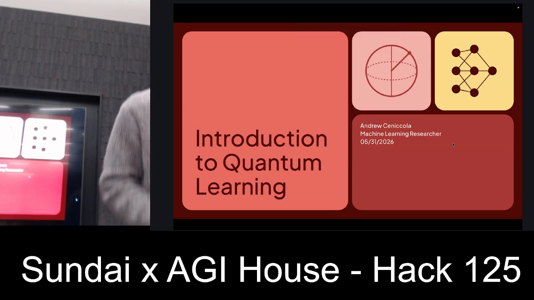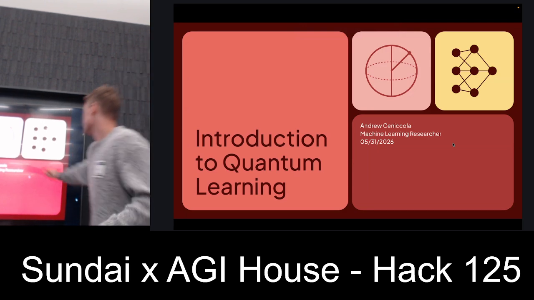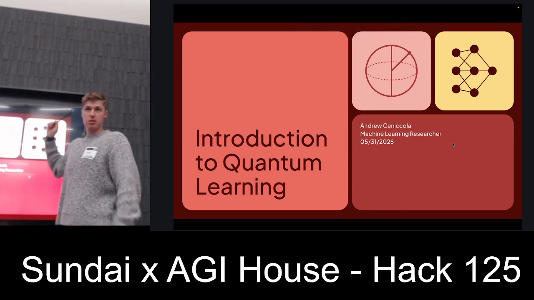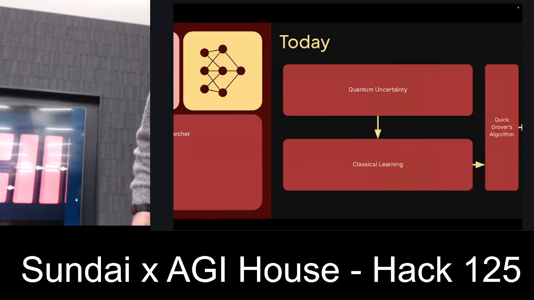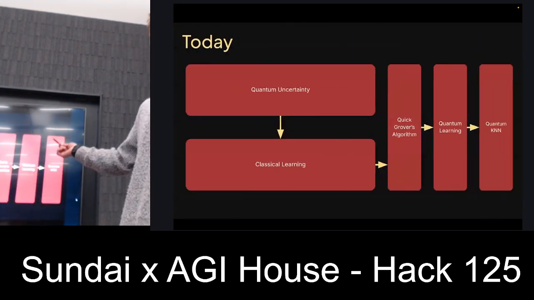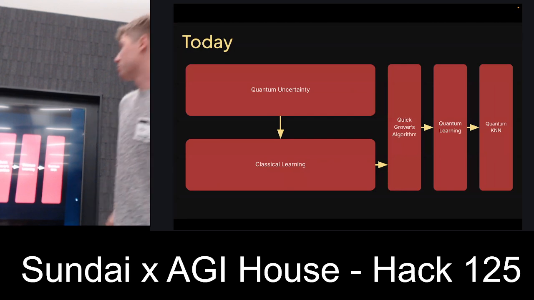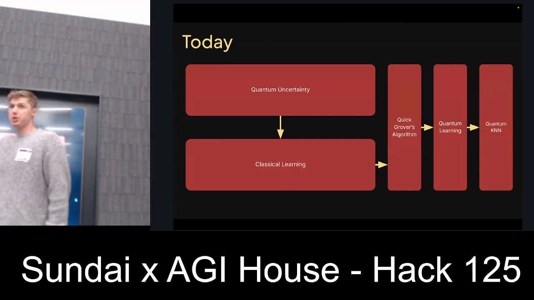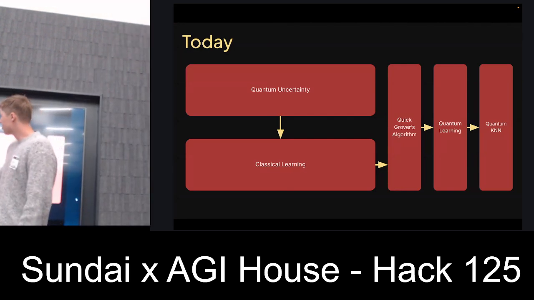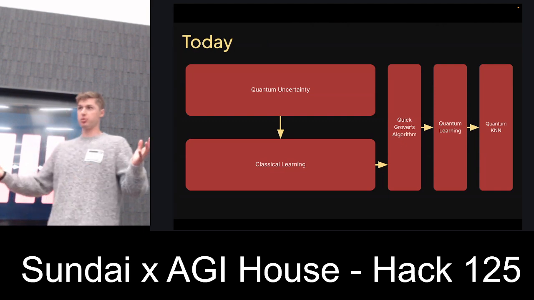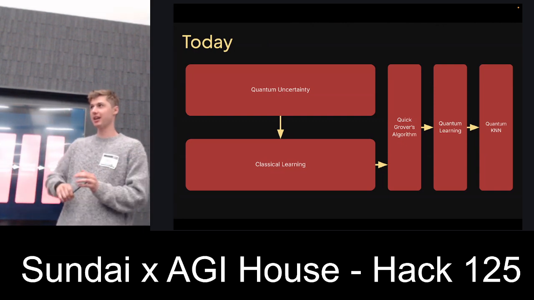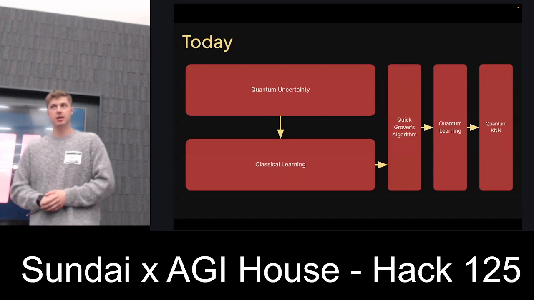Alright, so this is the Bloch sphere, and this is a neural network. We're doing the whole thing with the blender that she talked about. So this is a little bit about what we're doing today. We're talking about quantum uncertainty and superposition. Moving on to classical learning. That's my background. I'm Andrew, by the way. Classical learning, I work on continual learning.